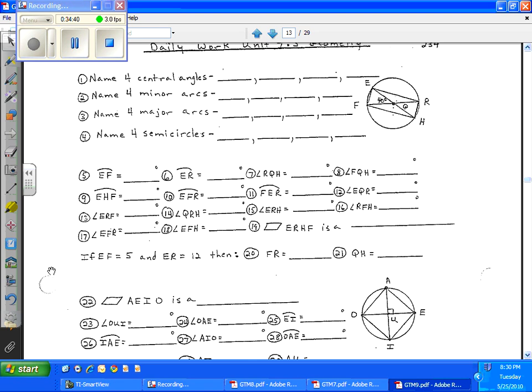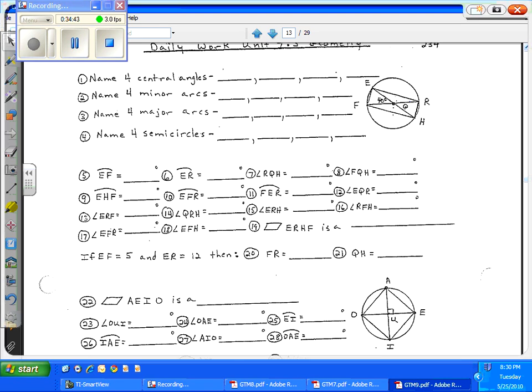We know that QR, ER, FR, and QH are all radii of the circle. Now, if the radii are all equal, that thing has 4 equal diagonal pieces.